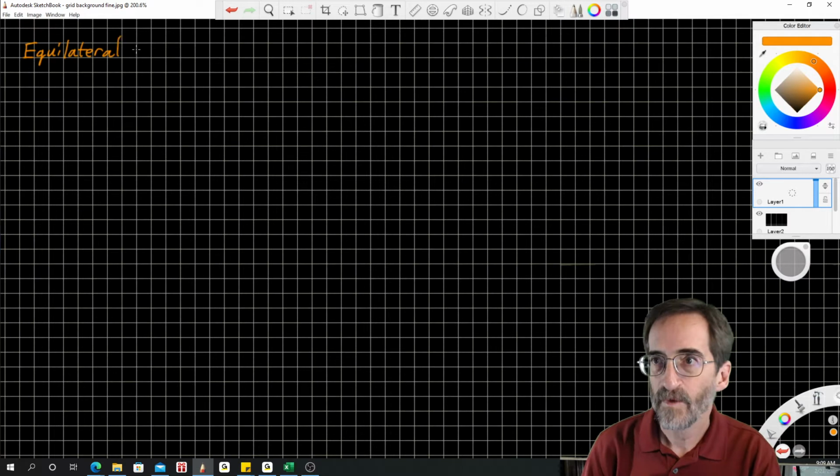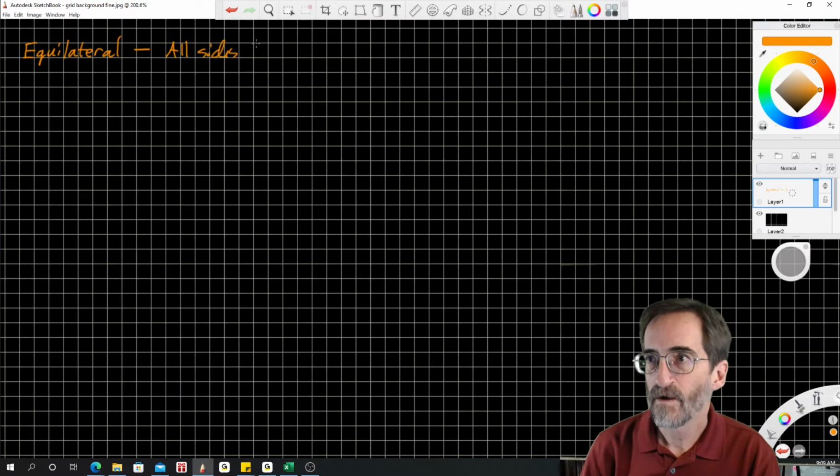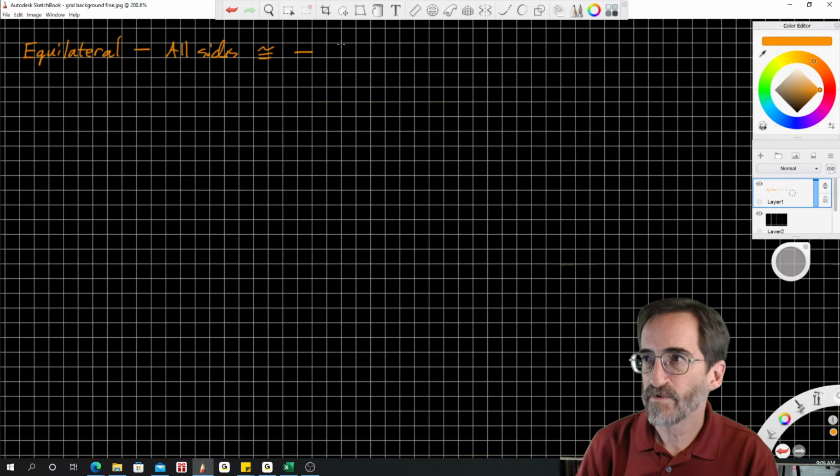All sides congruent. An example of such a thing is a rhombus, where all four sides are equal length.